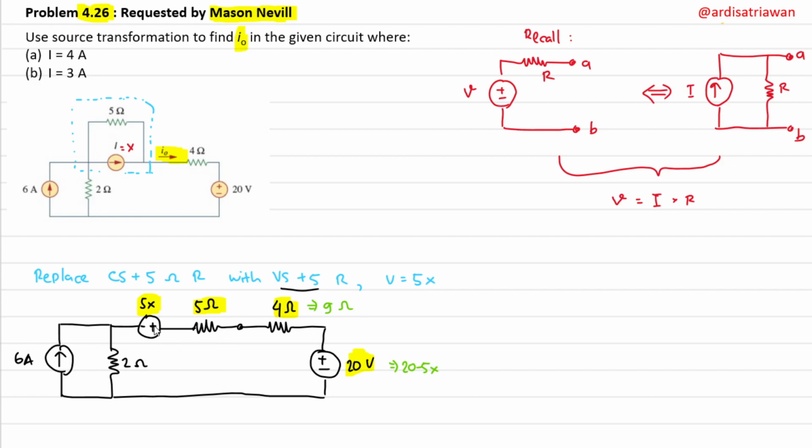Okay, let's redraw the circuit according to this value. So now I will have this 6 ampere, and then that will be in parallel with 2 ohm.